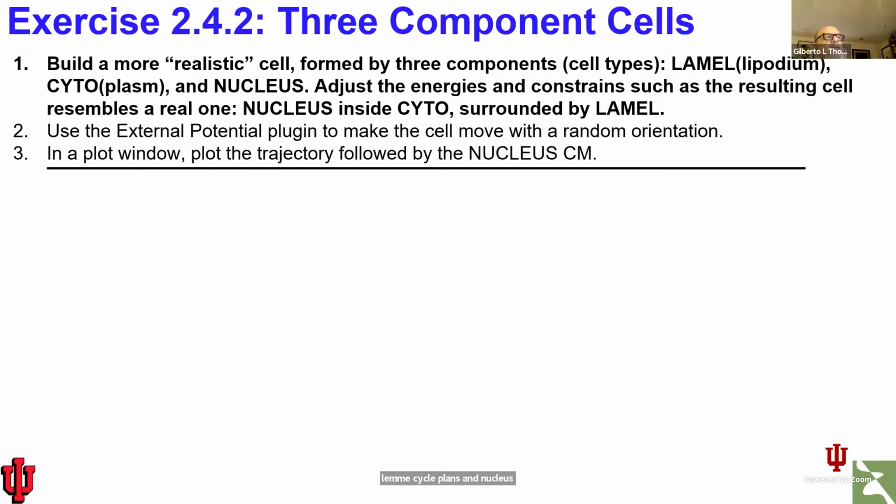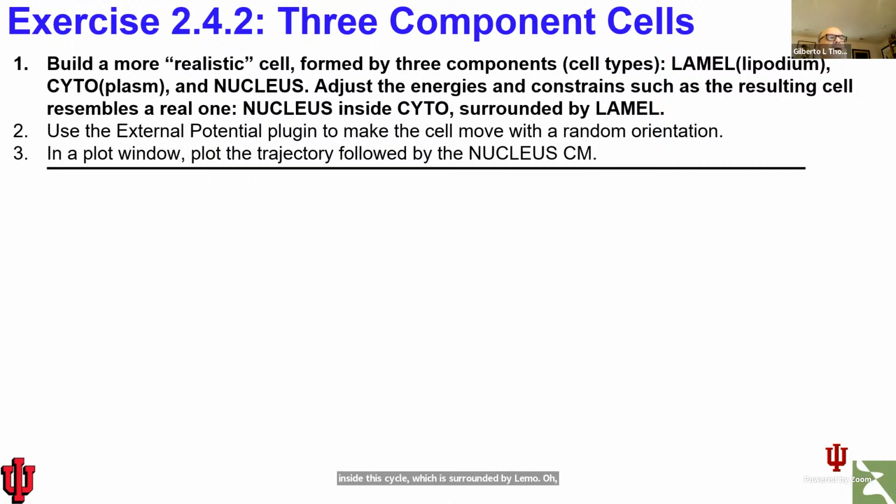The biggest problem in this exercise is to adjust the cell energies and constraints to make the resulting cell in the simulation resemble a real one. I mean, the nucleus must be inside the cyto, which is surrounded by lamel.